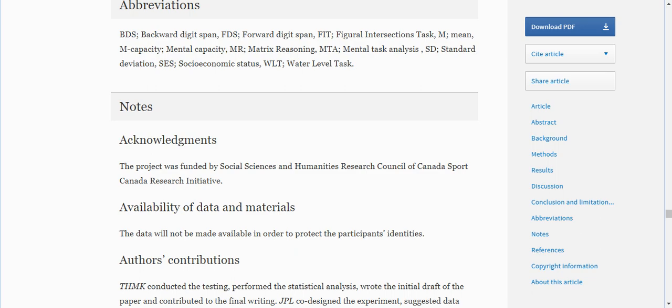So, for example, in this case, the project was funded by the Social Sciences and Humanities Research Council of Canada. So you could infer it as perhaps a government research grant. To some extent there could be bias, but at the very least this seems like a very credible funding source. So the bias may be as little as possible, and so the study may be pretty good, right?